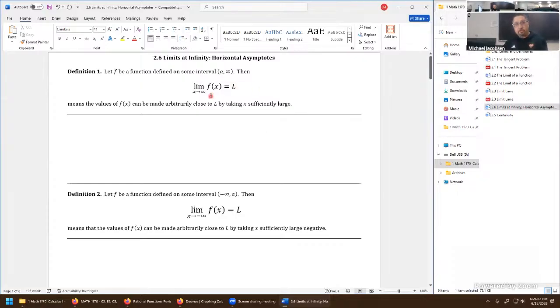On the first one, if we're taking a limit as x tends towards infinity for a function f, that means the domain has to include infinity on the right-hand side and just some other number a to start it off. So it has to have no upper bound on its domain. Likewise, if we're doing a limit as x goes to negative infinity, no lower bound on its domain there.